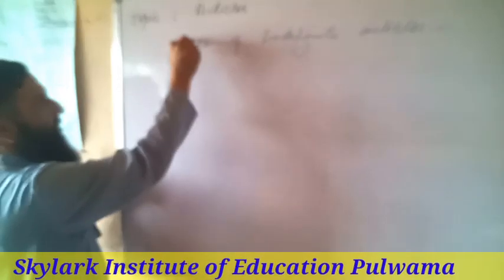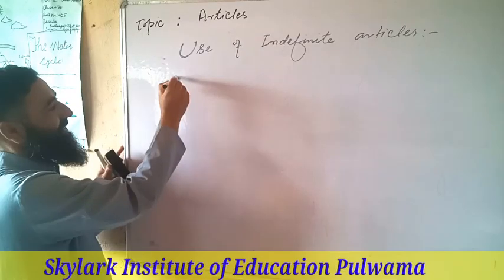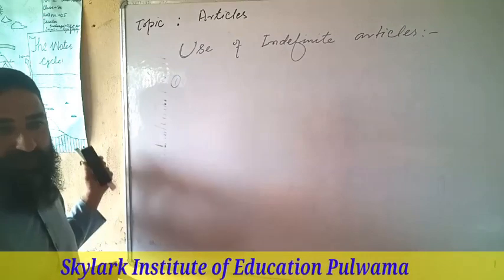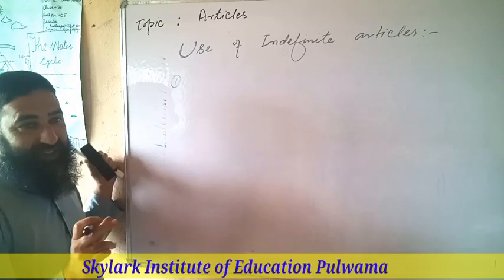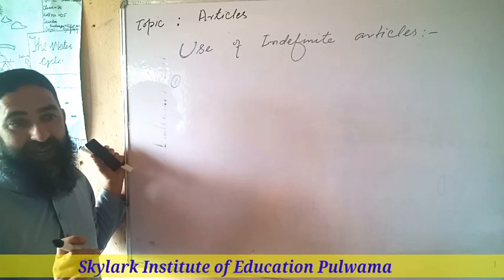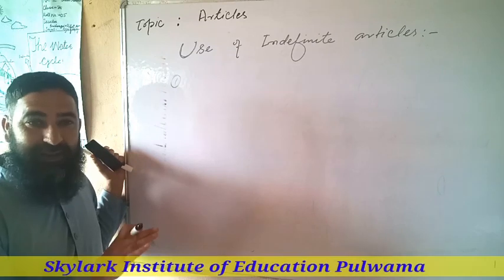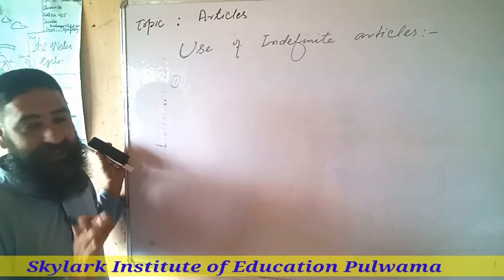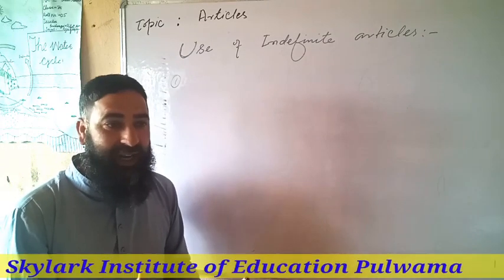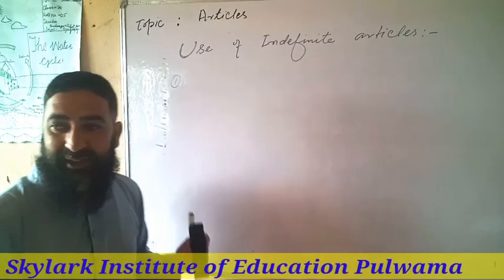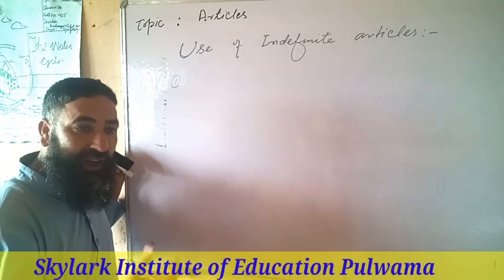We'll recapitulate all these five uses. The first use is before a singular countable noun, but there is a condition: when it is mentioned for the first time and it doesn't represent any particular person or thing. This is the first use. And the second is before a singular countable noun which is used as an example of a class of things.